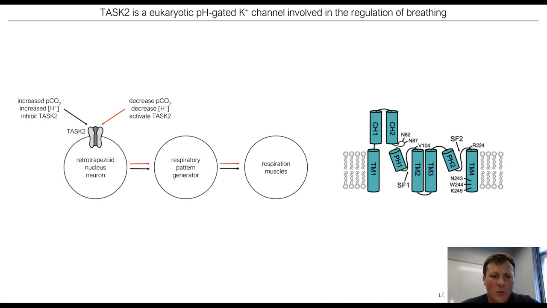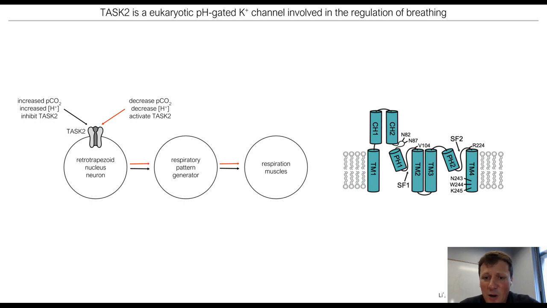And one of its conserved functions is in the regulation of breathing, where TASK2 senses pH changes that are correlated to changes in the concentration of carbon dioxide in the blood, to determine the firing rate of retrotrapezoid nucleus neurons that instruct respiration muscles, and determine the rate of breathing.